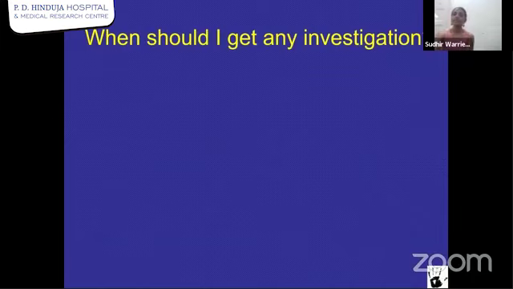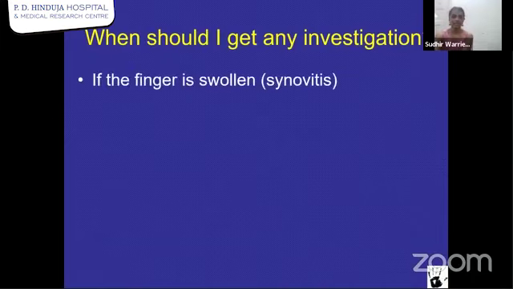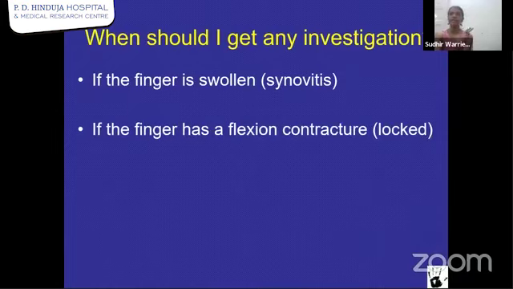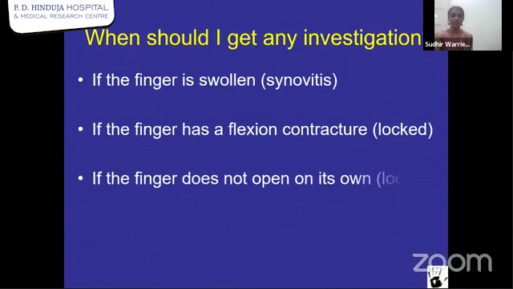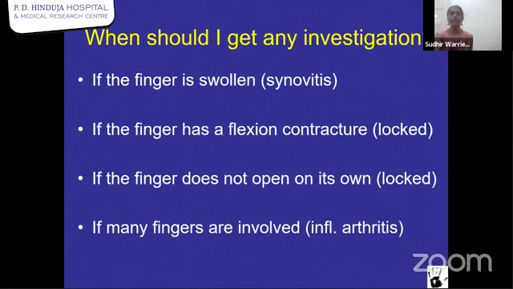So now, when should we get an investigation done in such cases? If the finger is swollen, which is suggestive of synovitis, if the finger has a flexion contracture and the patient is unable to extend it, which shows that there is a locked trigger finger, the patient is not able to open it voluntarily and needs passive help to open it, or if there are multiple fingers involved, which is suggestive of inflammatory arthritis.